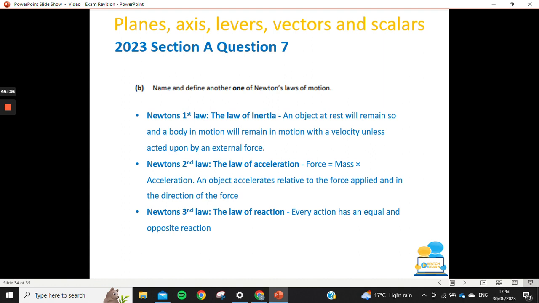So again, learning these and being able to write them out, whether it's for a question, as it's asked here, or whether it's just for rough work in a question where you're asked to apply Newton's laws of motion to an activity like we were asked to do in one of the earlier exam questions in this lesson, can be quite a useful thing to do. So again, learning and becoming familiar and comfortable with Newton's laws of motion can definitely be useful for the Leaving Cert PE exam.